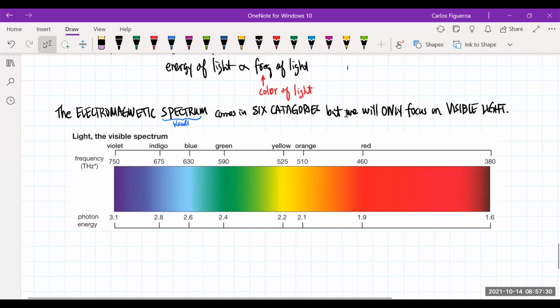So what's the most important thing here? The energy of light, the photon energy. And what you're seeing here is, look at the energy of the violet light versus the energy of the red light. You could see here that this is low energy for red.